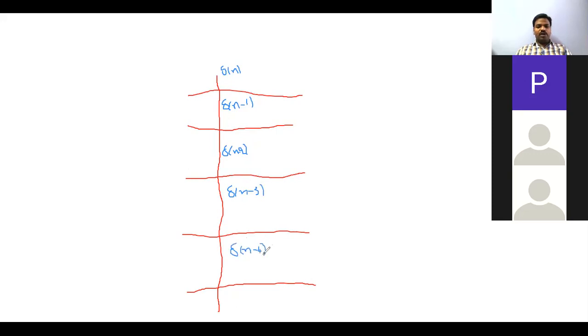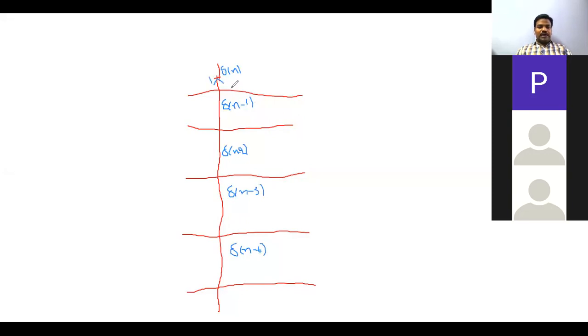Only for our convenience I am considering only up to n is equal to 4. Now what is the value of delta of n at n is equal to 0? That means at n is equal to 0 it will have the magnitude equal to 1.